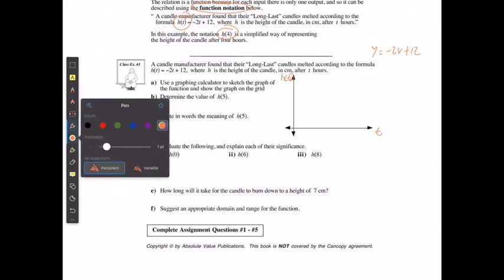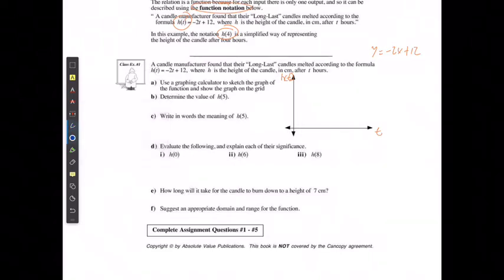I'm going to graph out approximately what this is going to look like, and the vertex is at the point of 12, and this is going to be at 6, and there are my two intercepts.